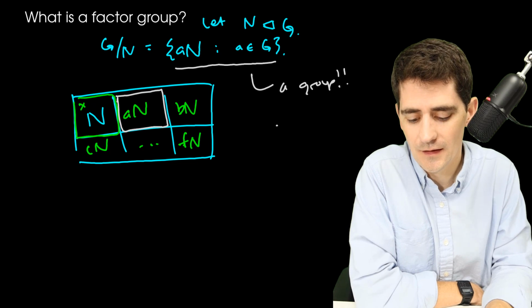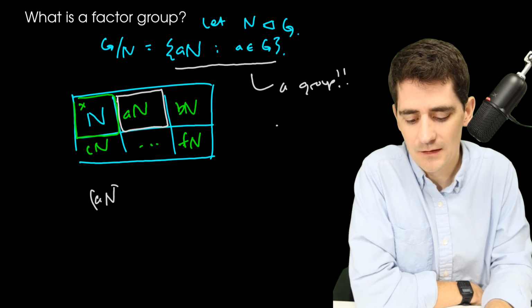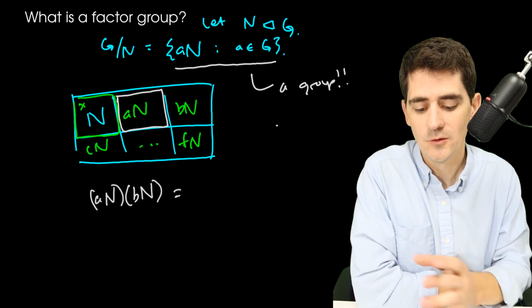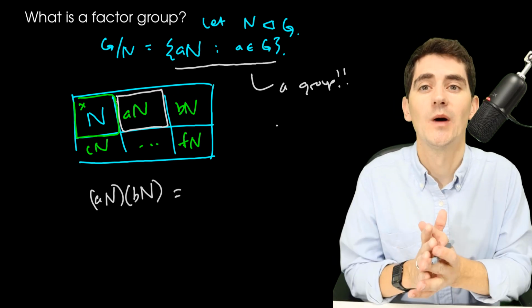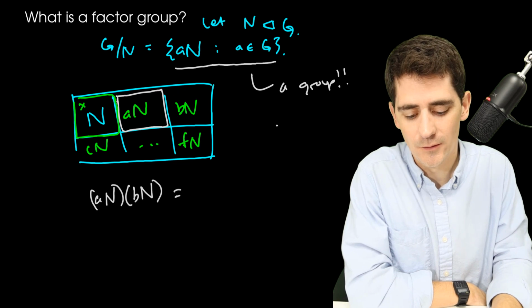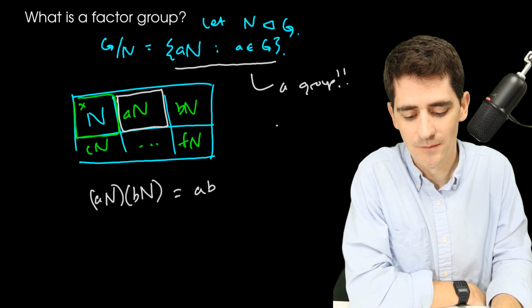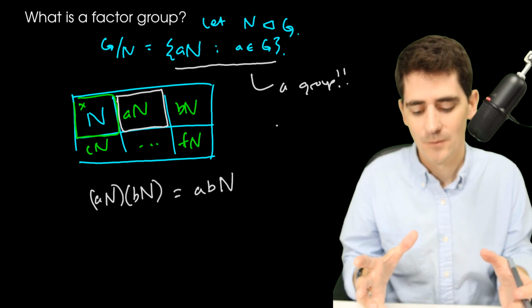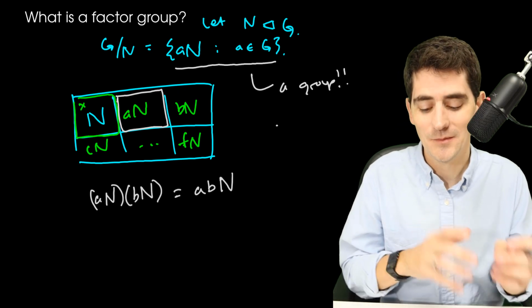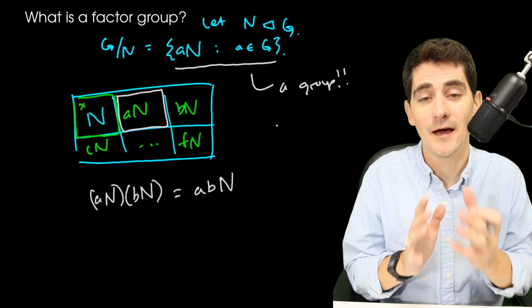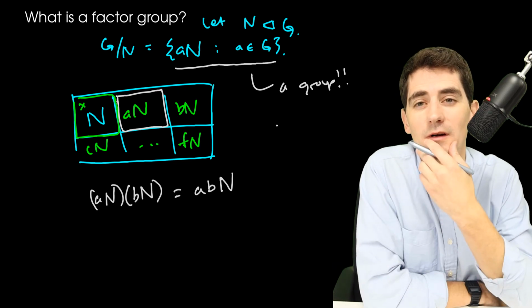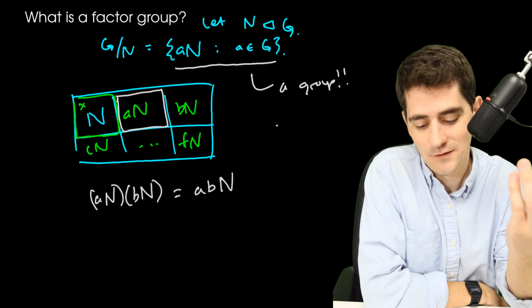And so we define, if I have AN and I want to multiply that by BN, so I have two boxes and I'm multiplying those two boxes together, what's the result? The result would be the box labeled AB. So wherever AB ends up in my group, AN and BN multiply together to give me that coset, ABN. Now you might be wondering, does that actually work? That's a good question.